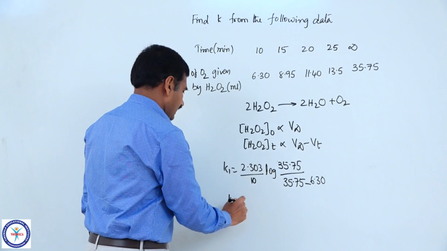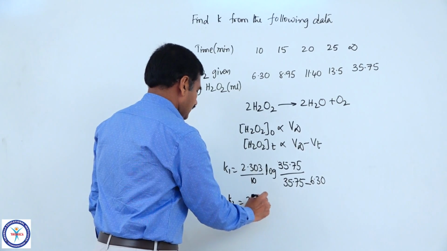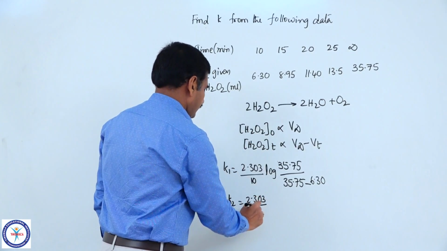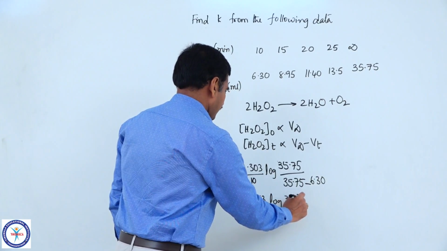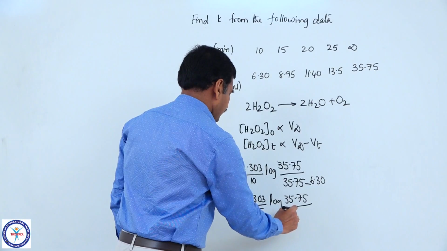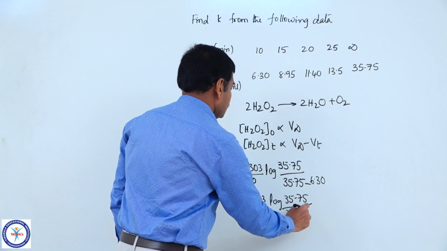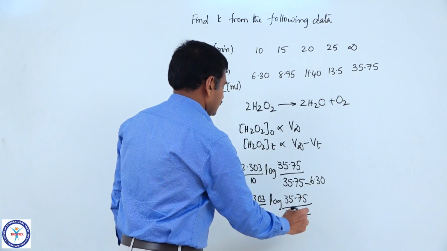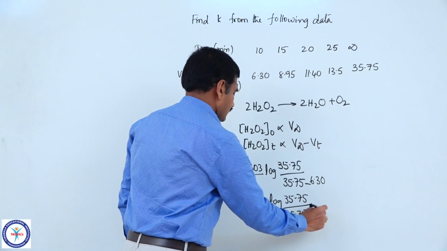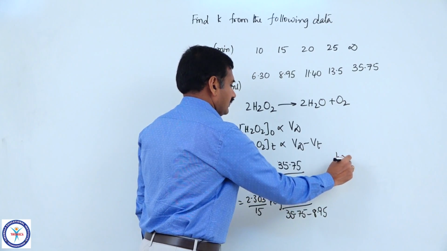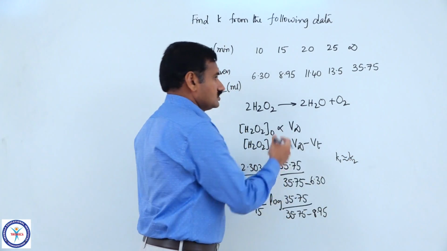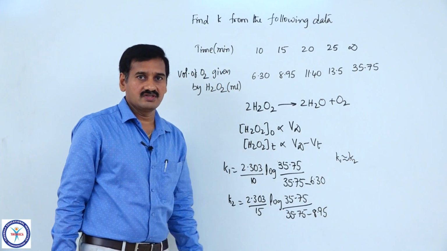Another value of K, K2 equal to 2.303 divided by 15 into log 35.75 divided by 35.75 minus 8.95. Again, approximately K1 is equal to K2. So, H2O2 dissociation follows first order kinetics.